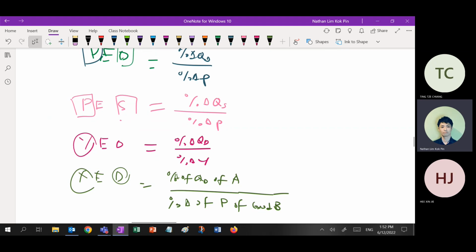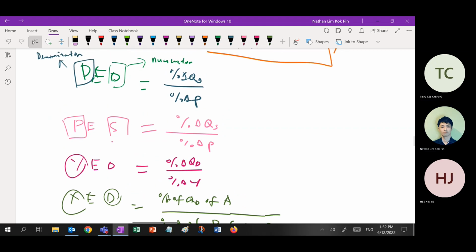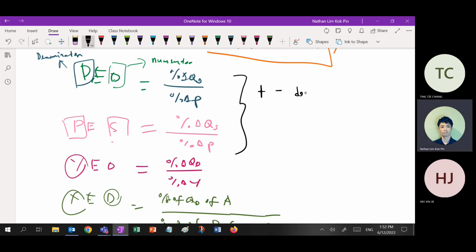So these are the four formulas. For these two, positive or negative doesn't matter, but just to let you know more accurately, PED can be positive or negative.